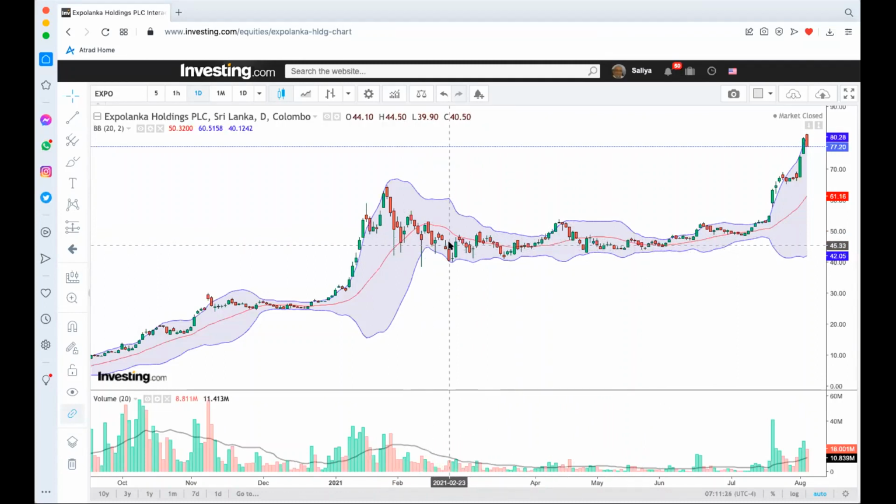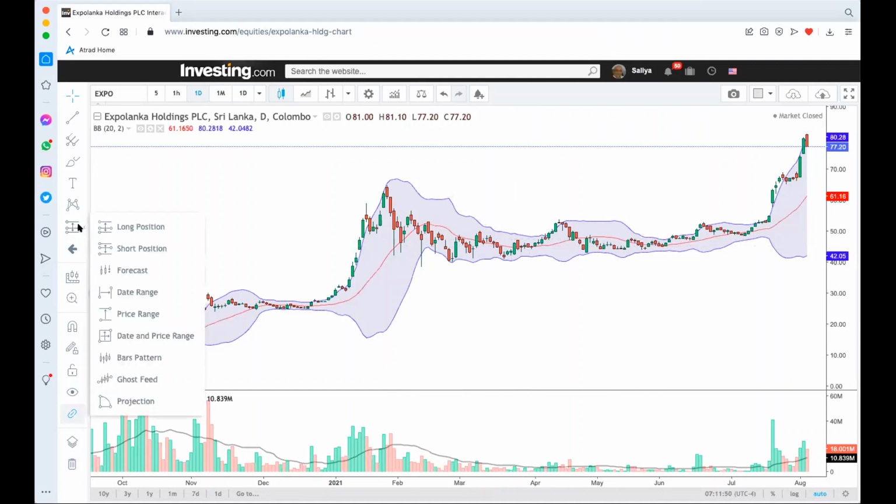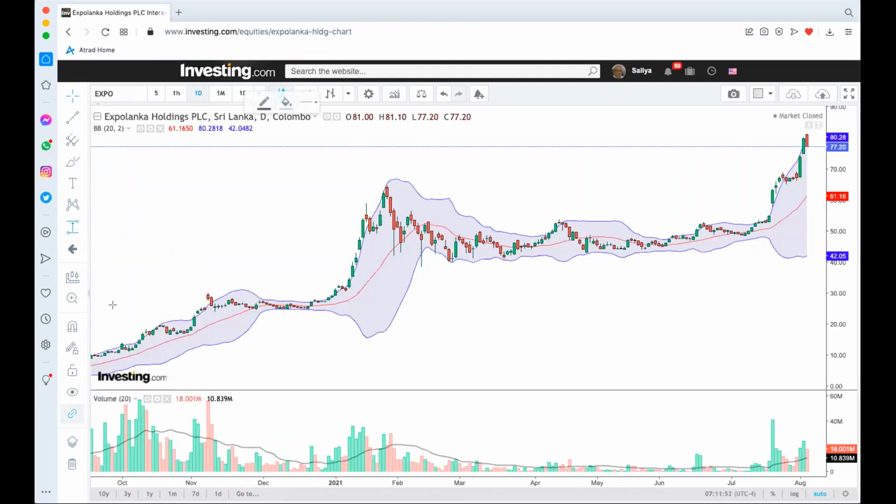Now, when the prices are walking within the bands, just like in any other indicator and any other, even based on the price action, if the range is very narrow, it's difficult to do any trades, except for the fact that you can make trades purely based on the price range, right?